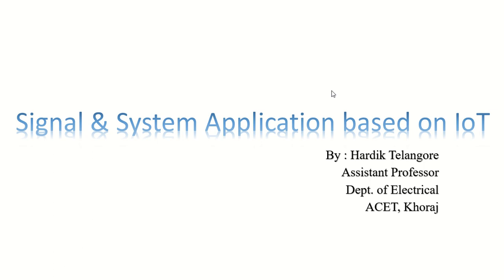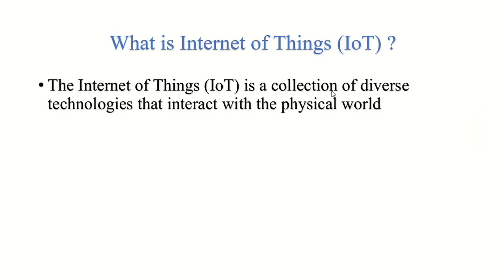So they have a very widespread range of applications, and these smart devices are called Internet of Things or IoT devices in short. So let's get to know what IoT basically is.